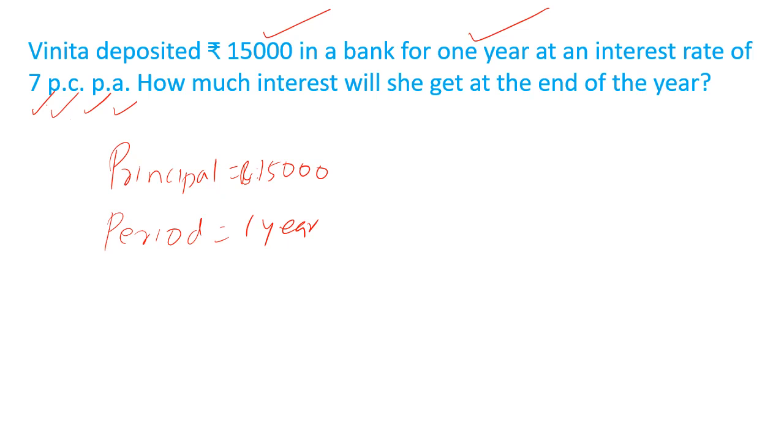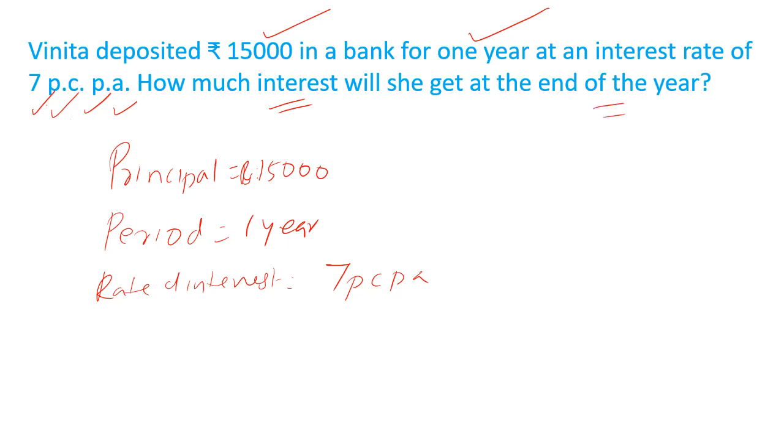Then the rate of interest is given as 7% per annum, that is 7 rupees per 100 rupees per year. So we are asked to find out how much interest she will get at the end of 1 year.